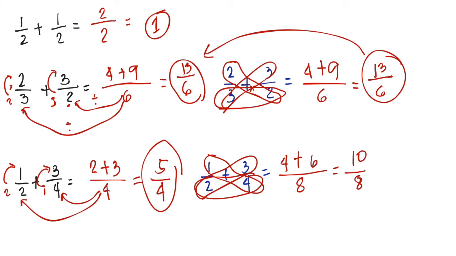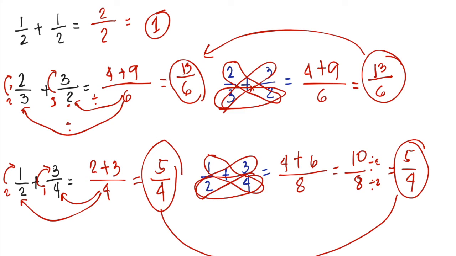And 10 over 8, we can still reduce to lowest terms, and they are both divisible by 2. So it will become 5 over 4. Our answer is the same as our answer in the long method. So that's it. That's how you add fractions, and that's how you use the two different methods if their denominators are different.